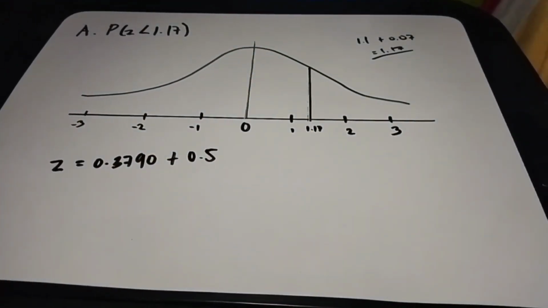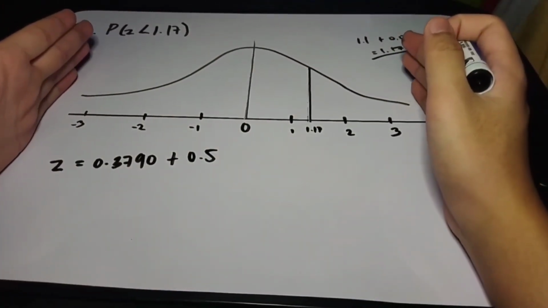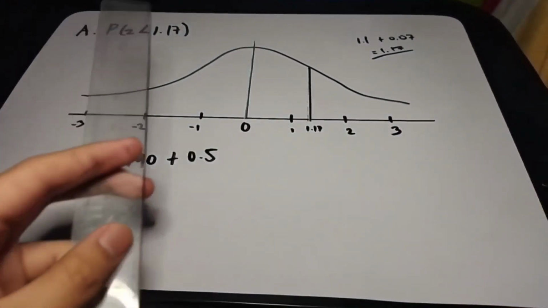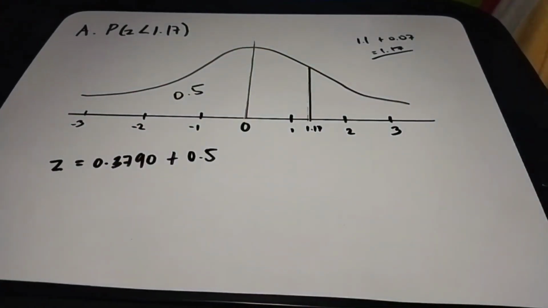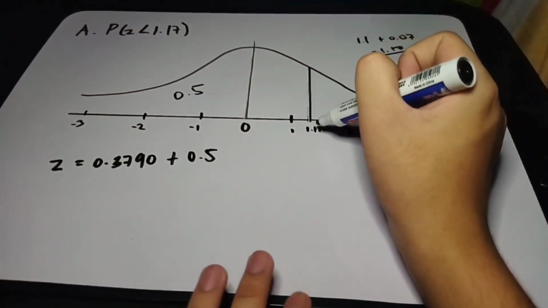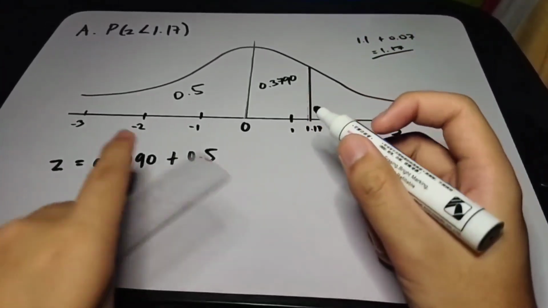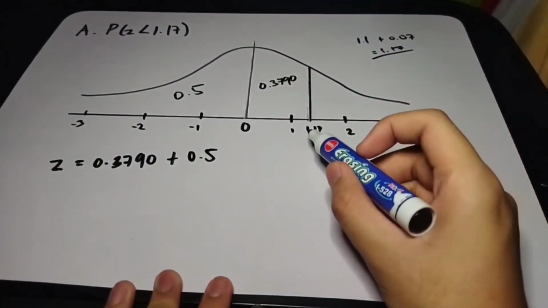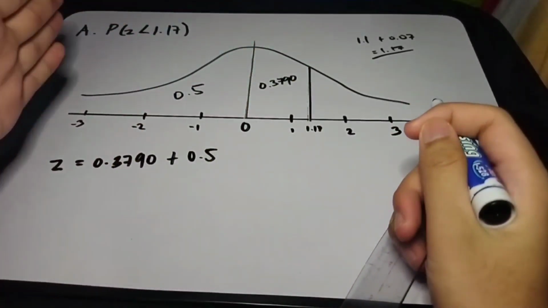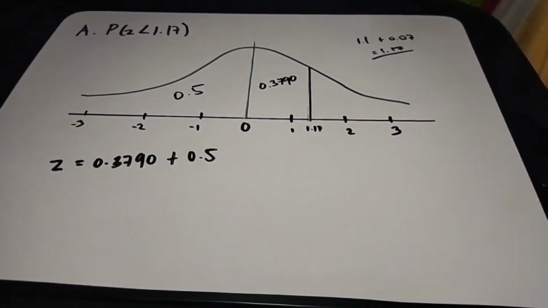So, why 0.5? Remember earlier in the properties of our distribution model, our distribution is equal to 1 and it is divided in the middle. That means the two sides are each 0.5. So, since we got the value for 1.17 which is 0.3790, we need to add 0.5 since we are looking for the less than. And the less than 1.17 is all of this, starting from 1.16 up to here, that is less than 1.17 already.